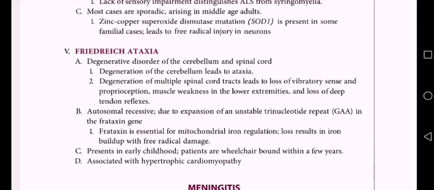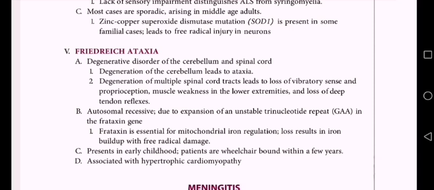These are the reflexes that a neurologist would check in the general examination whenever a patient comes in to an outpatient clinic. Next, a fact about this one is that it's autosomal recessive, due to expansion of an unstable trinucleotide repeat, GAA, in the frataxin gene, and frataxin is essential for mitochondrial iron regulation.